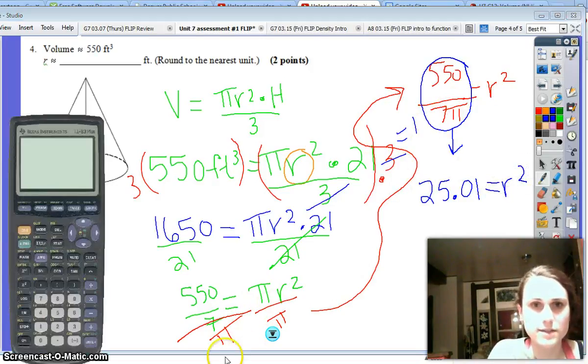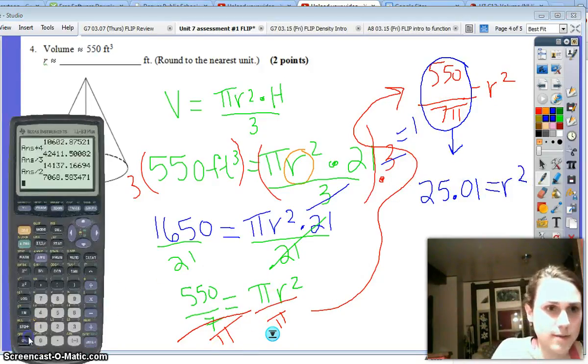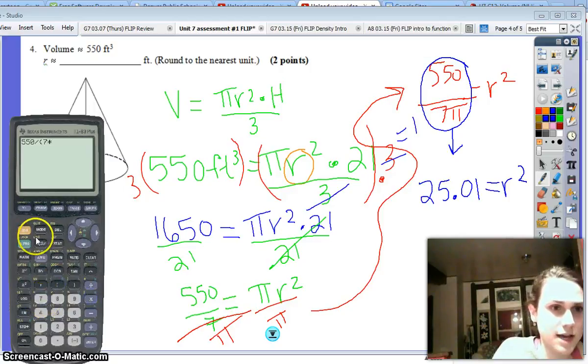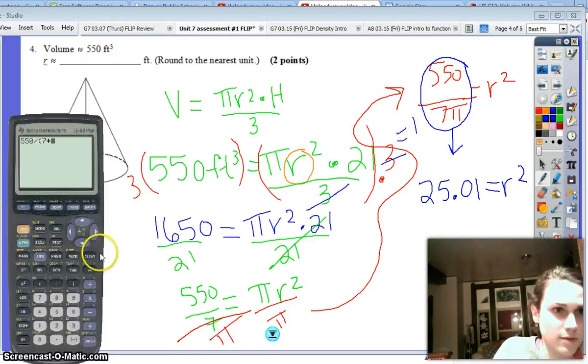Side note, when you're plugging this into your calculator, the important thing to remember is, okay, so if you have 550 and you're dividing this by 7 pi, we want to put 7 times pi, we need to put in parentheses. So we know that this 550 is being divided by 7 pi.